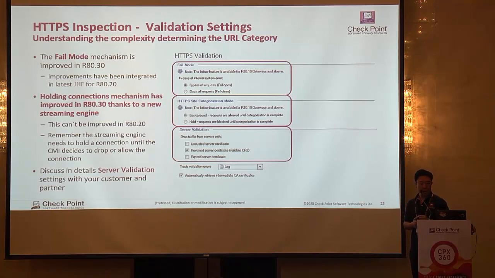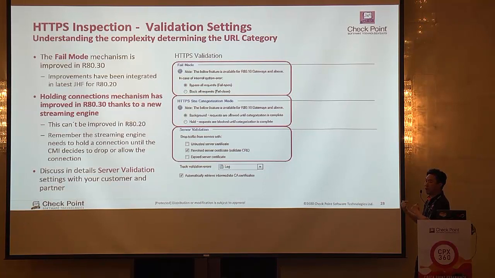Okay, and also in R80.30, as I said, we have the enhancement about the fail mode once we cannot categorize the URL. This is the configuration in the advanced settings of the HTTPS inspection. The fail mode default setting is fail open.